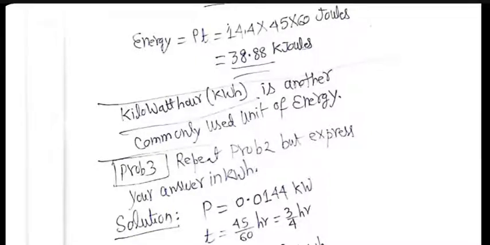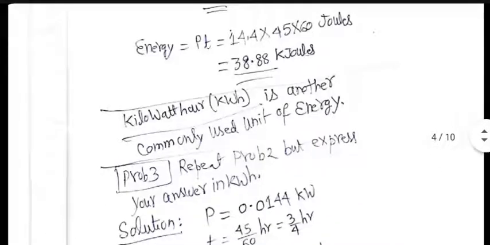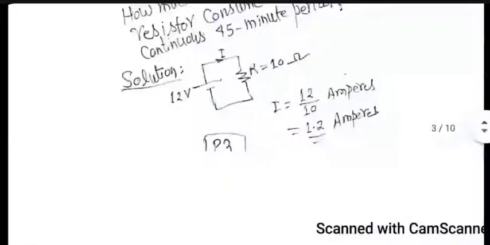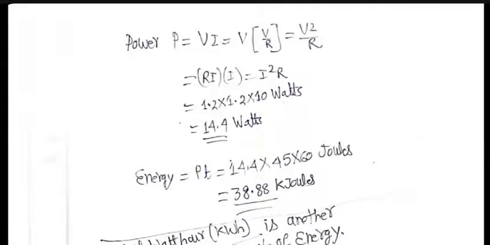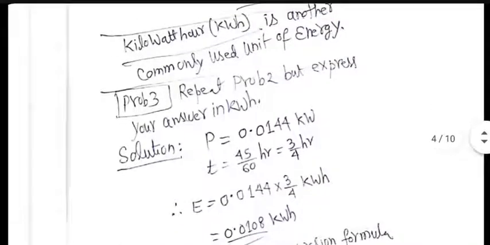Okay, now they are saying repeat the same problem, but give the answer in kilowatt hour. So what you will do is take the power value in kilowatt. It will become 0.0144 kilowatt. And you will take time in hour, which is 45 divided by 60.